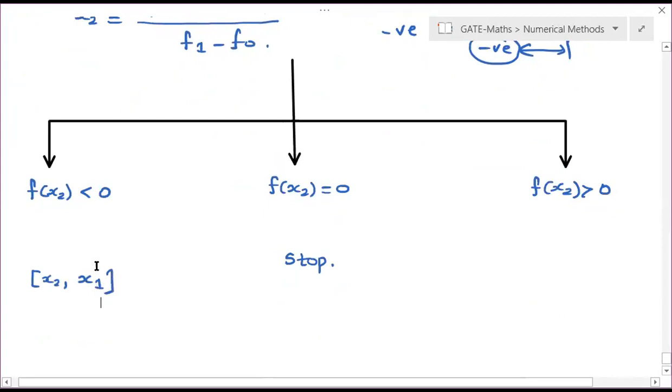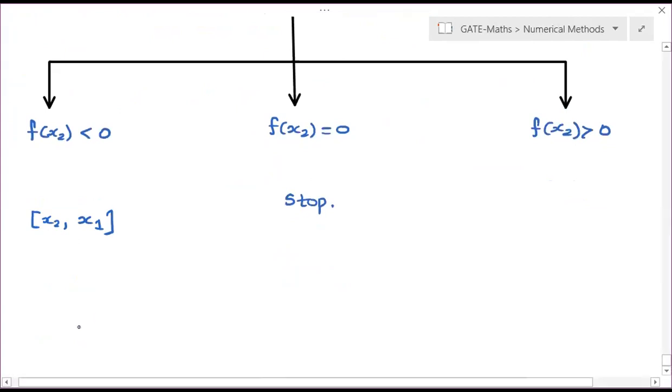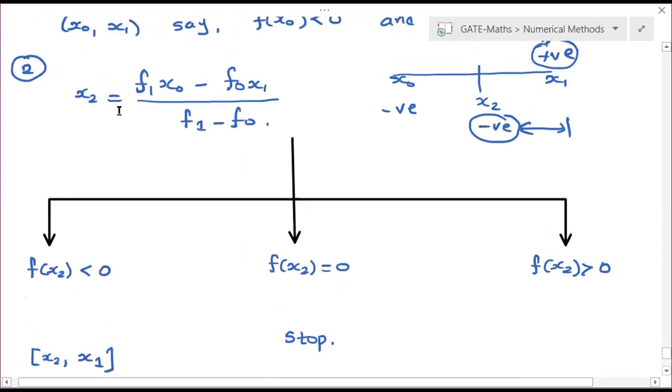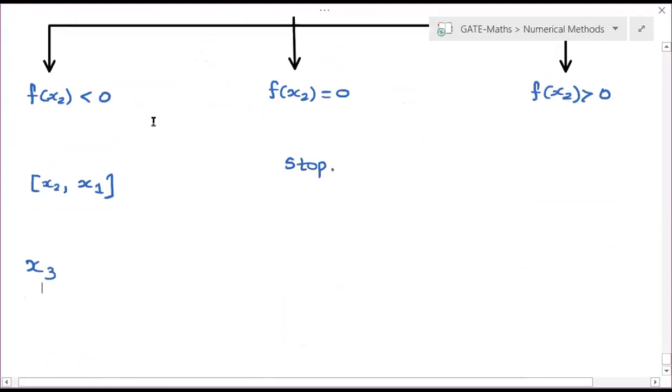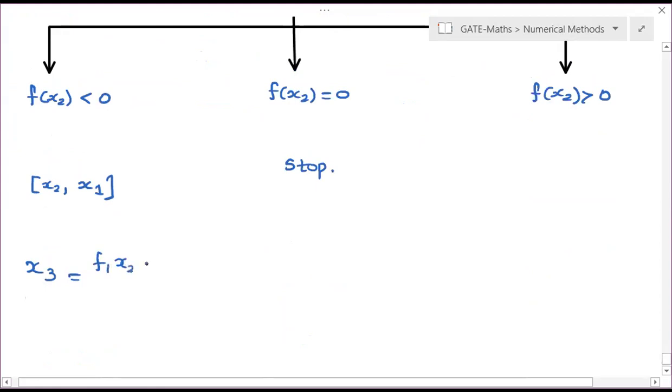And if the next interval is x2 to x1, how can we find x3 there? Same method, the method we applied for x2. It was f1 x0 minus f0 x1 divided by f1 minus f0. So it will be f1 x2 minus f2 x1 divided by f1 minus f2.